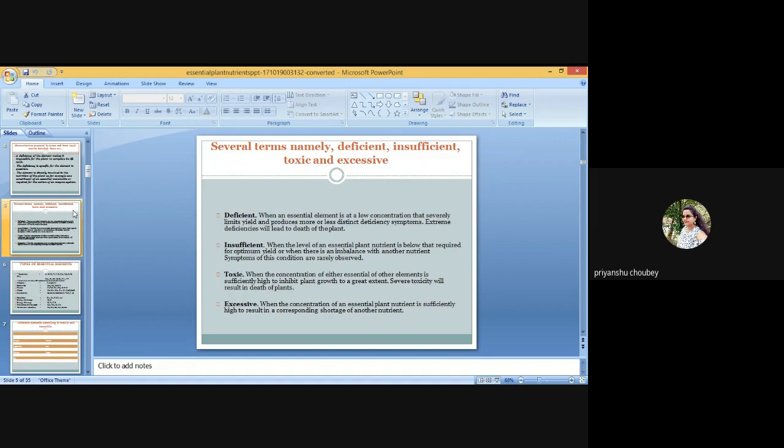Nitrogen is a constituent of chlorophyll, which in the presence of solar energy fixes atmospheric carbon dioxide into carbohydrate. It is a constituent of nucleic acids, like ribonucleic acid, RNA, and deoxyribonucleic acid, DNA.